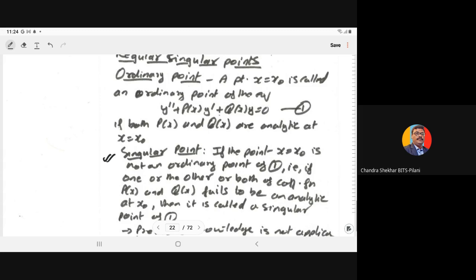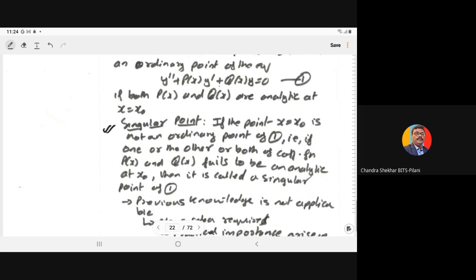So if the point x is equal to x naught is not an ordinary point of the given differential equation y double dash plus px y dash plus qx y is equal to 0, that is, either p or q or both the coefficient functions px and qx fail to be analytic at x naught, then it is called the singular point.